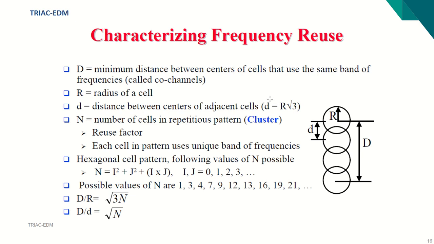So d will be R multiplied by the square root of 3. How come?